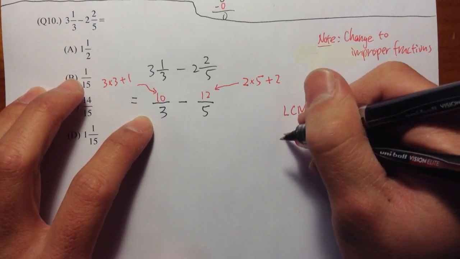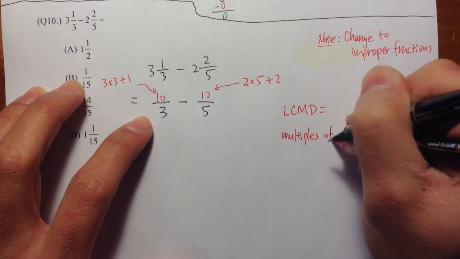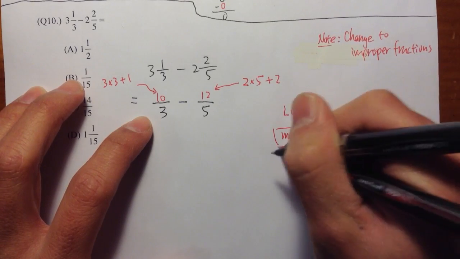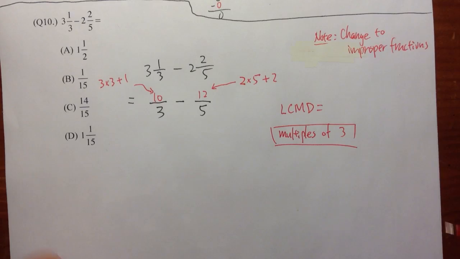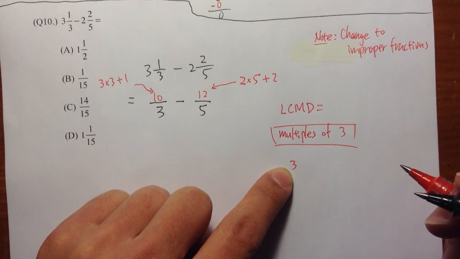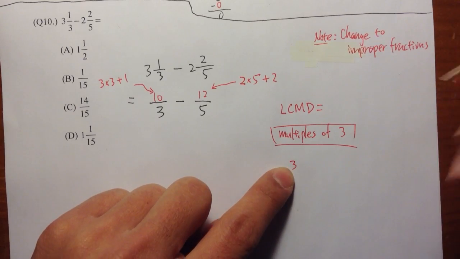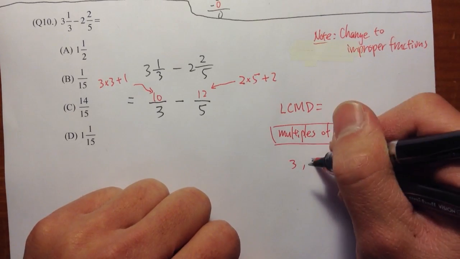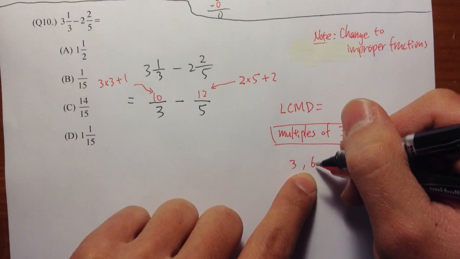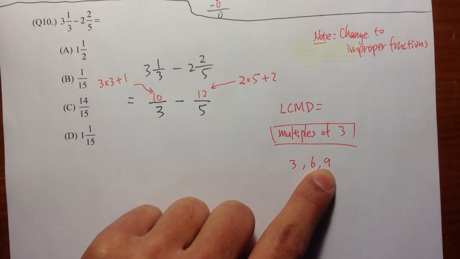So let's take a look at the multiples of 3. That means you have 3 first, because that's 3 times 1. Right? Multiples implies that we are multiplying. So 3 times 1 is 3. The next one is 6, because 3 times 2 is 6. The next one is 9, because 3 times 3 is 9.